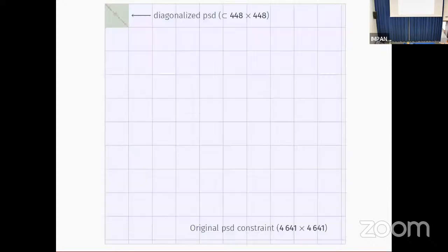Well, this is fast. And this is the size of the original PSD constraint, this whole big matrix, and we just project it to the small square around. That's it. Thank you very much.